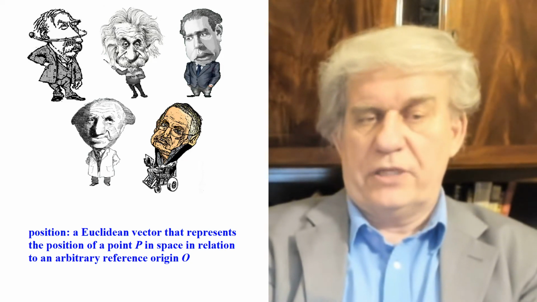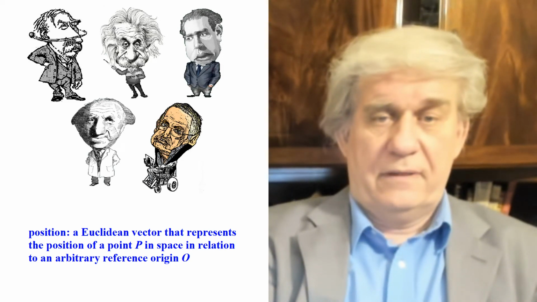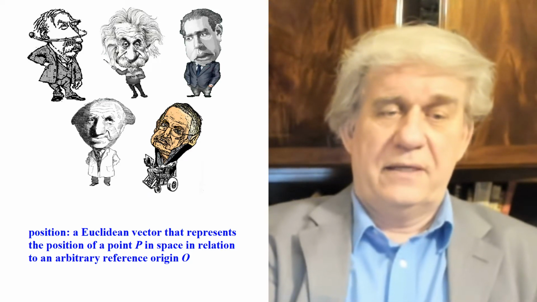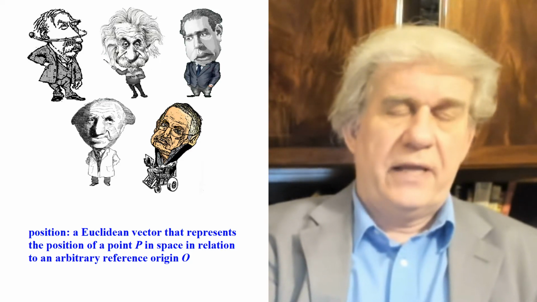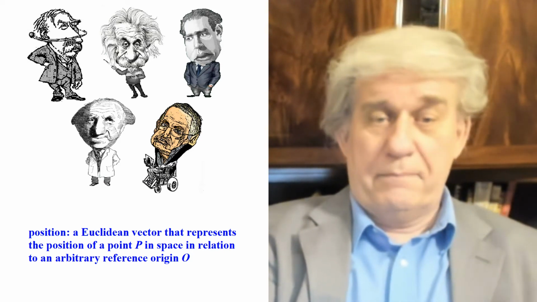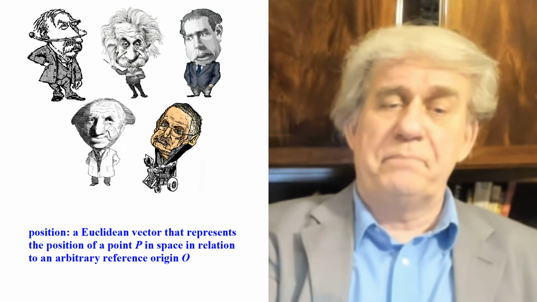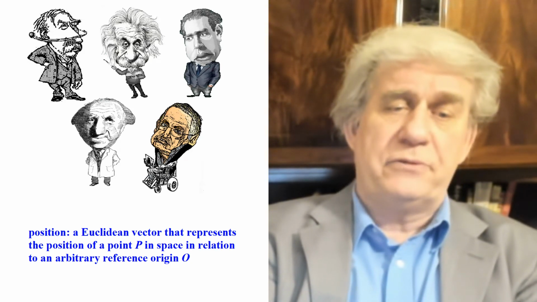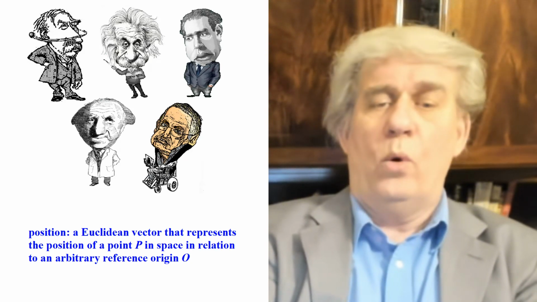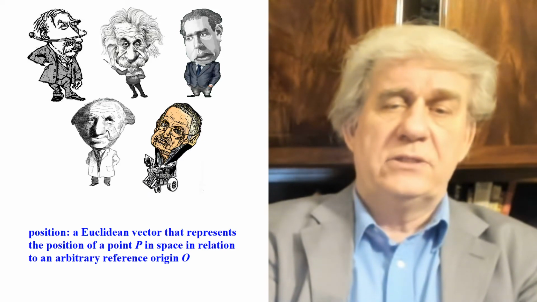So what is position? A Euclidean vector. Vector is motion. So we're talking about position, which is a static concept, and they say it's a Euclidean vector, motion, right? That represents the position of a point P in space in relation to an arbitrary reference origin O. So what are they talking about?